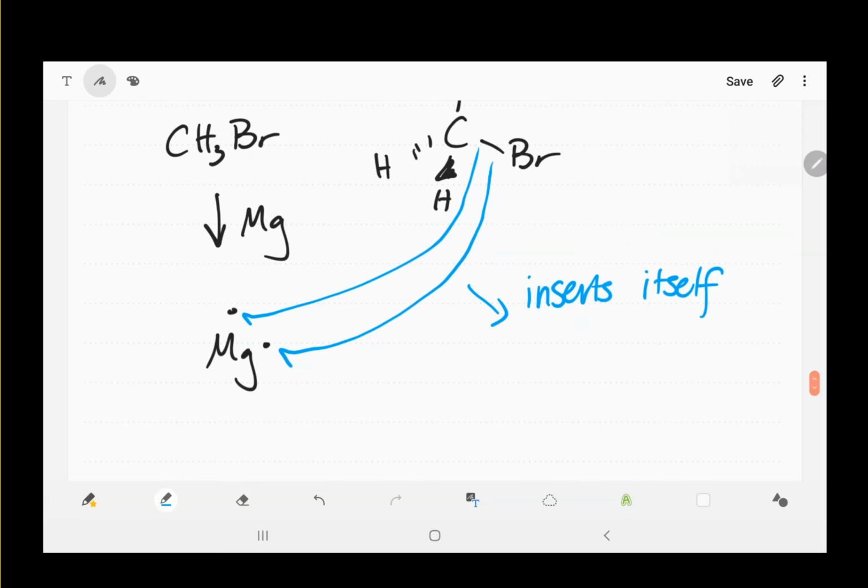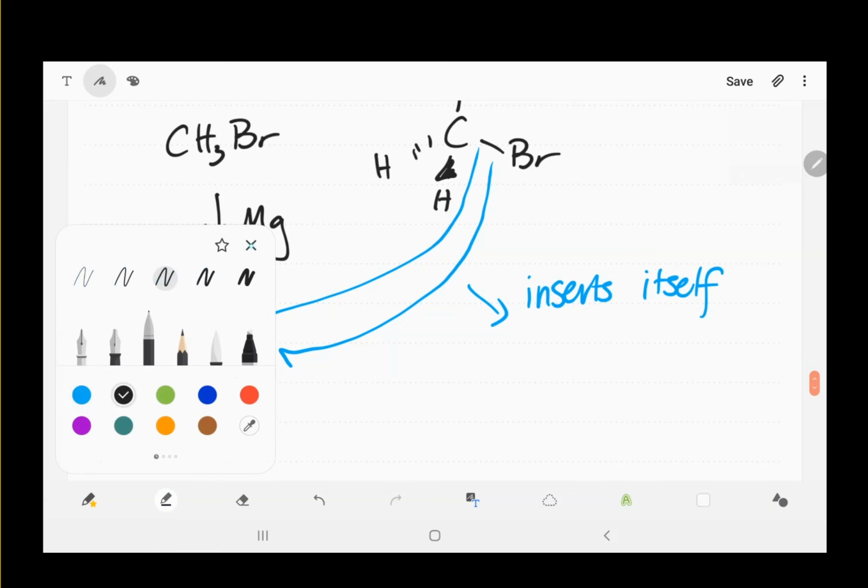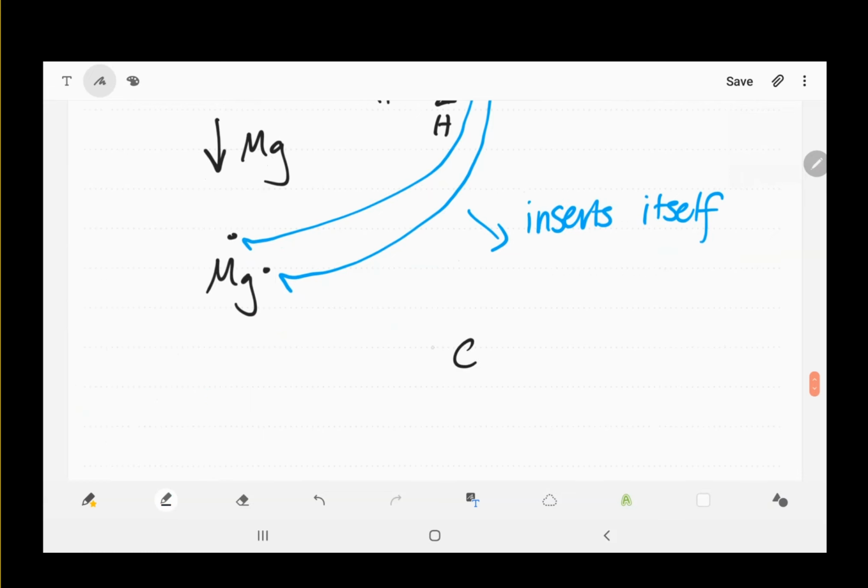And so now, ignoring 3D structure, our molecule is really essentially an ionic compound.